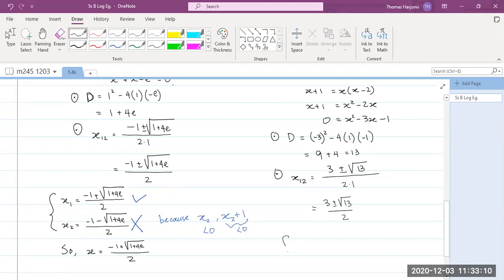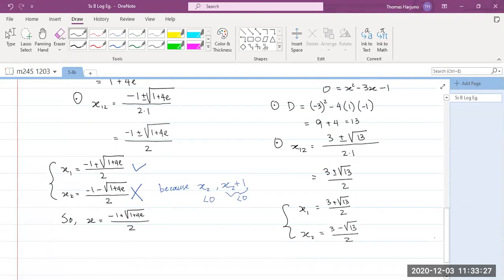Now, from there, then you split it. Okay, 3 plus square root of 13 over 2 and 3 minus square root of 13 over 2.